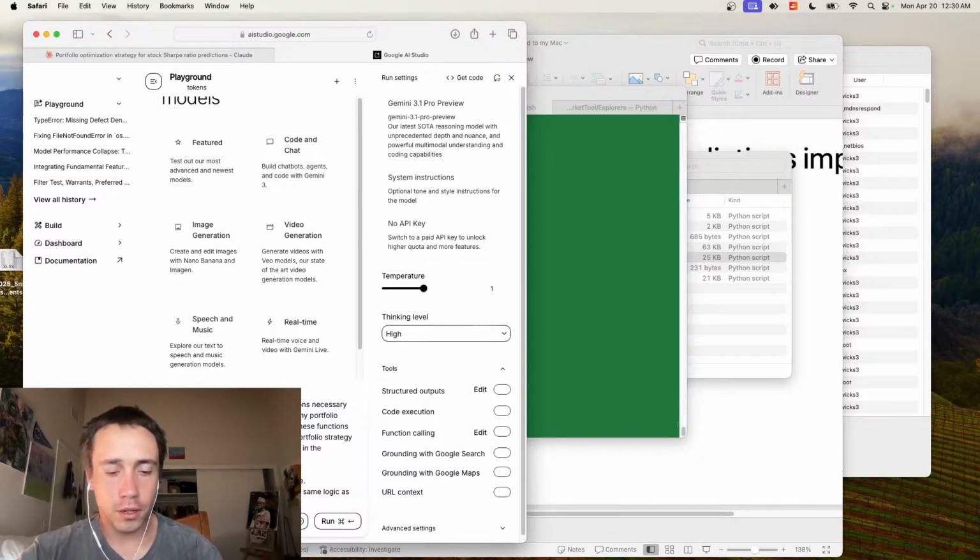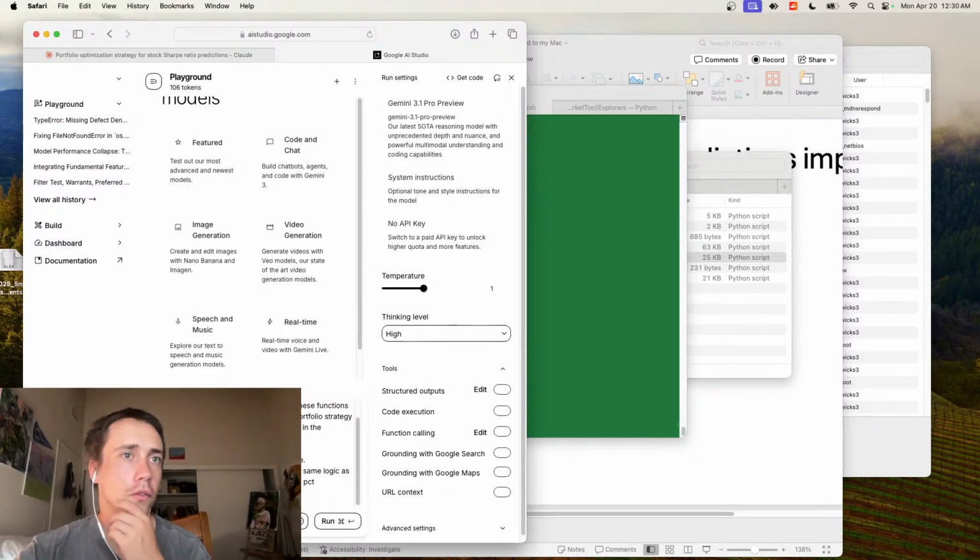Top n longs/shorts or top percentage longs/shorts. Okay, so then get predictions from the portfolio.